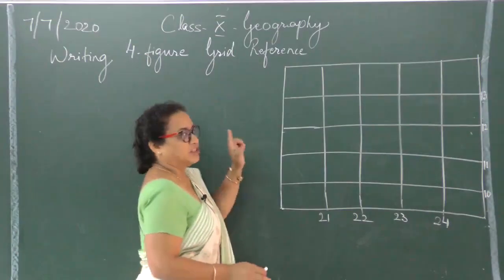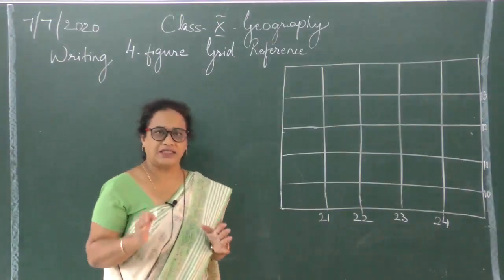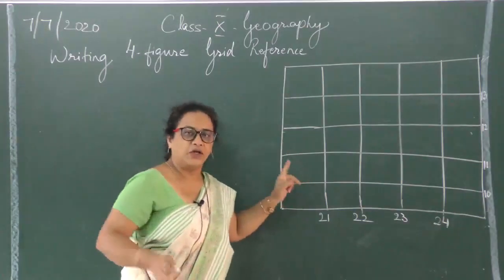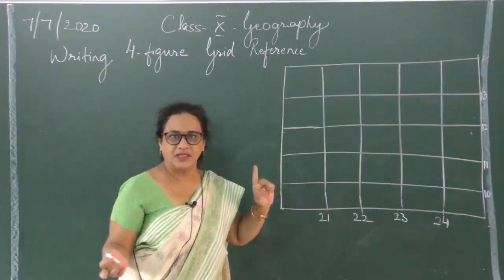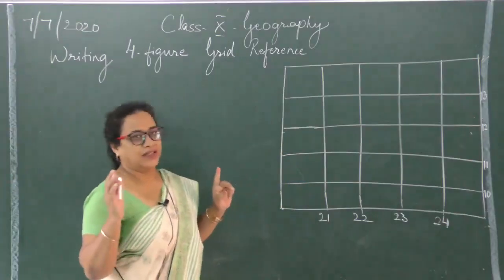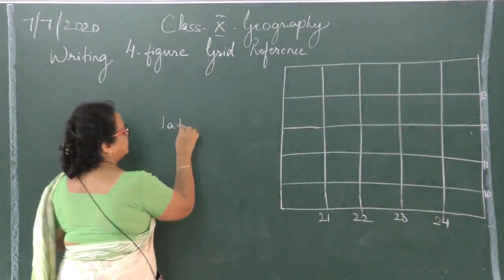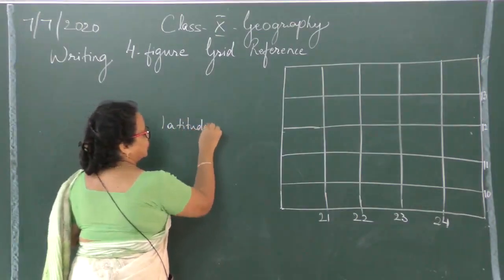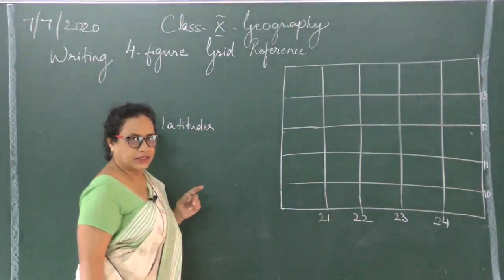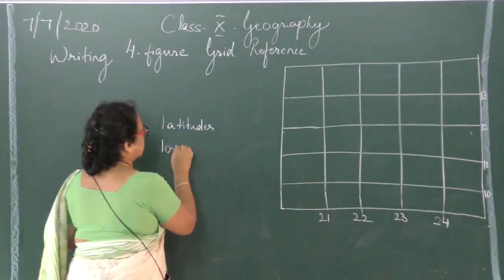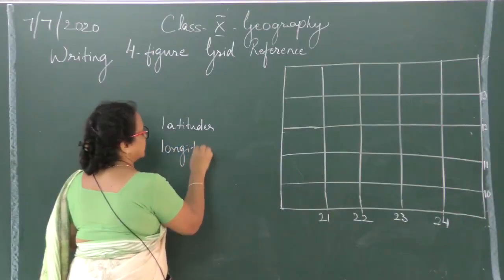Clear? Now, just as you have studied about latitudes and longitudes, we have the same set of lines, only the name is different. Now, in the atlas maps, latitudes are horizontal lines, longitudes are vertical lines.